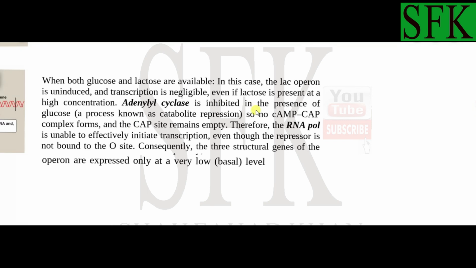Now, due to catabolite repression, the CRP complex will not form, the cAMP-CAP complex will not form, and so the cap site remains empty. If the cap site remains empty, the RNA polymerase is unable to effectively initiate the transcription process, even though the repressor is not bound to the O site.